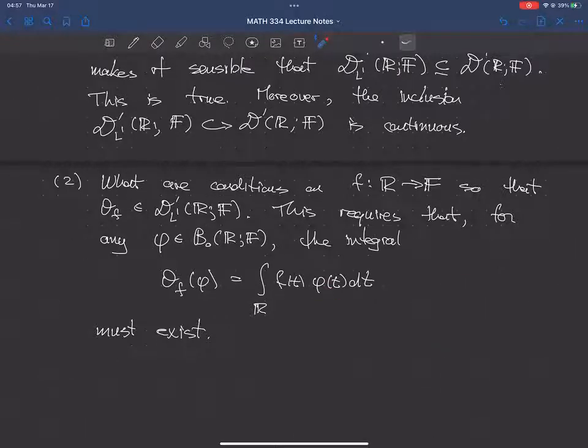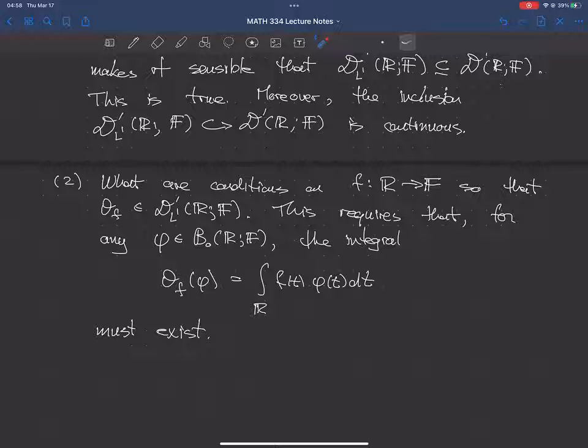And so what this really requires of f is that f be integrable. Because I'm going to take the integral of f times some bounded thing, and so that will certainly be integrable, because the norm of this is going to be less than or equal to the norm of f in L1.